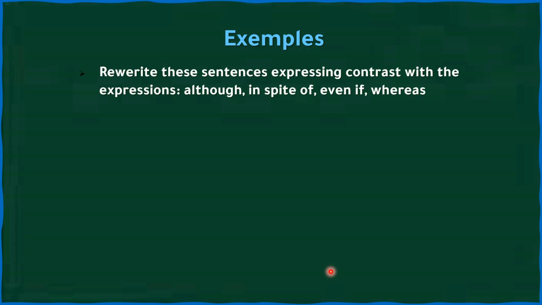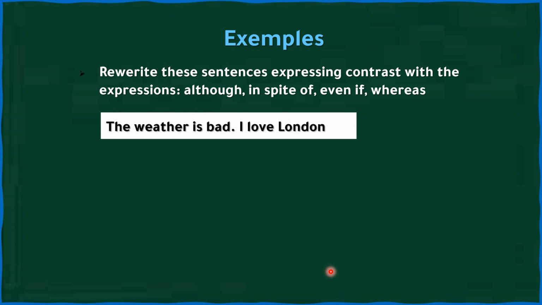So let's have some examples. Rewrite the sentences expressing contrast with the following expressions: although, in spite of, even if, whereas. The sentence says, the weather is bad. I love London.